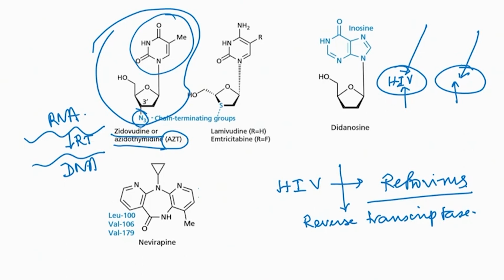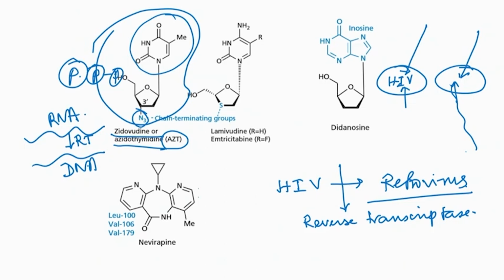Phosphorylation will be done in both the cells, infected and non-infected, but the triphosphate made from AZT is recognized by reverse transcriptase much more than the transcriptase or other polymerase enzymes present in the host. So, after the triphosphate formation, it is the HIV infected cells that will be affected. The AZT will work against the HIV infected cells, and in the others the phosphorylated form will ultimately come out of the cell, because it does not have any affinity.